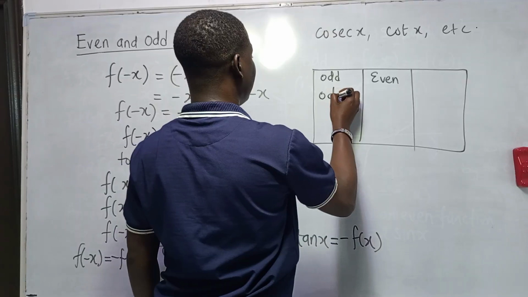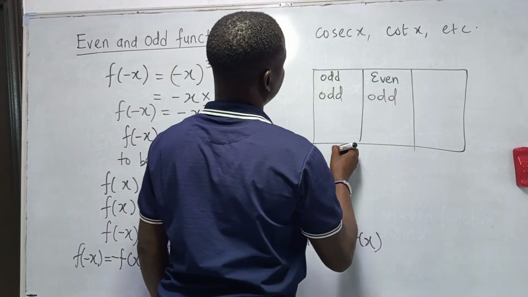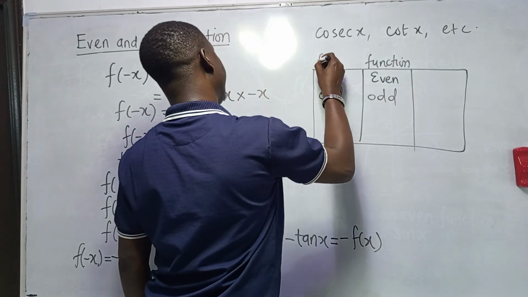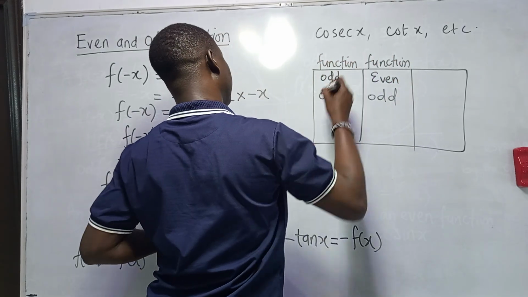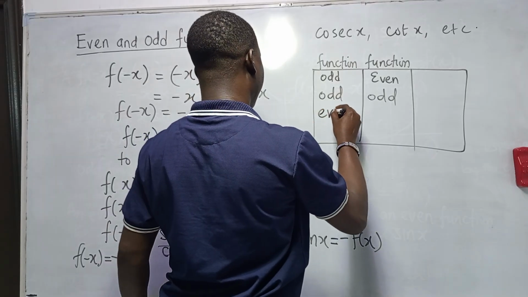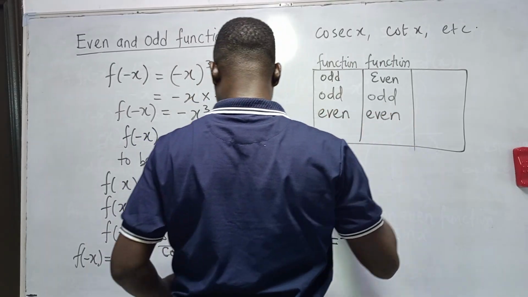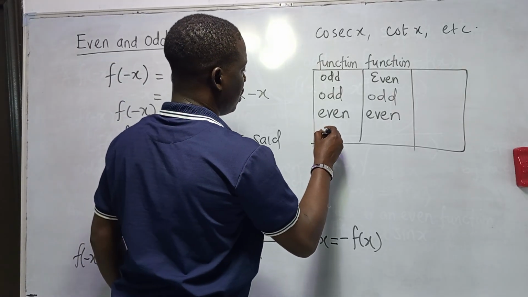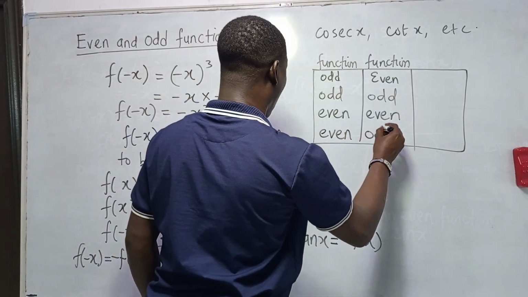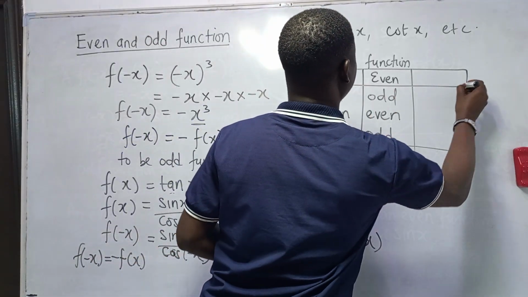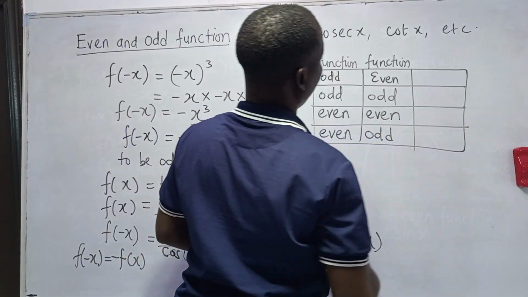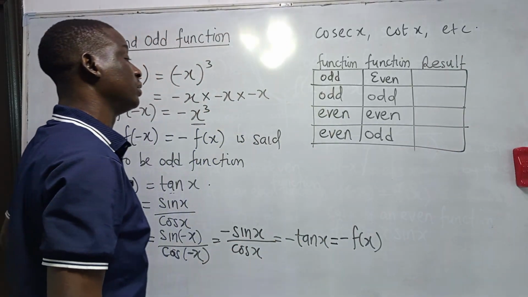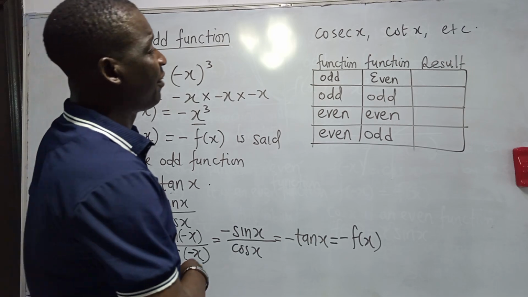We have odd and odd, even and even, and then even and odd. Anytime you have a table like this, what will be the final result?